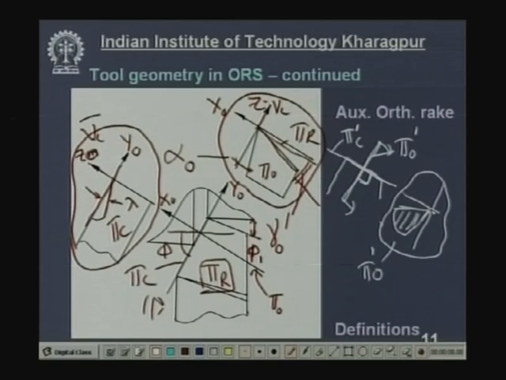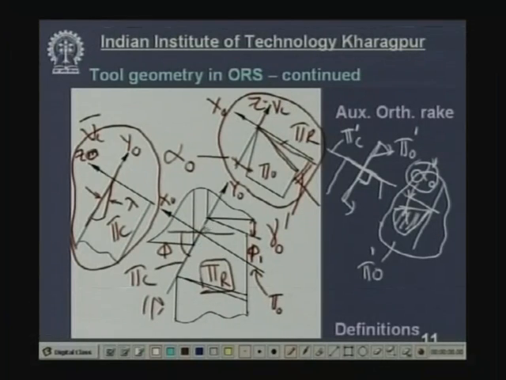This is the rake surface and this is the clearance surface. This clearance angle is denoted by alpha o prime, and is called the auxiliary orthogonal clearance of the auxiliary cutting edge. And this is also radiused, here also with a value r.